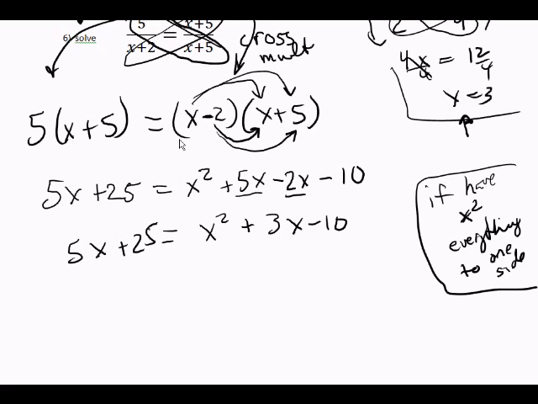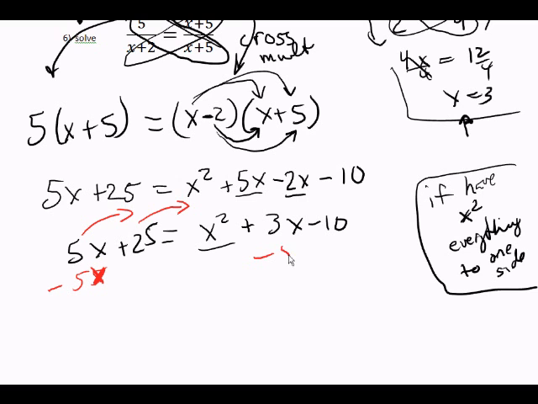Normally, if you have just an x, you get x on one side, everything else to the other. But if you have an x squared like we have, you need to get everything to one side. So I need to take this 25 to the other side, and I need to take the 5x to the other side. So everything is on one side.